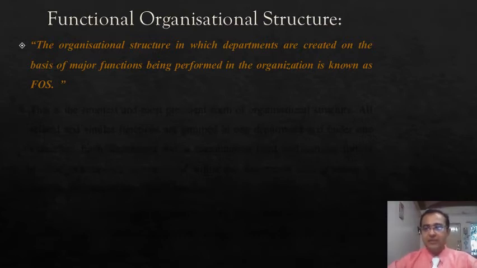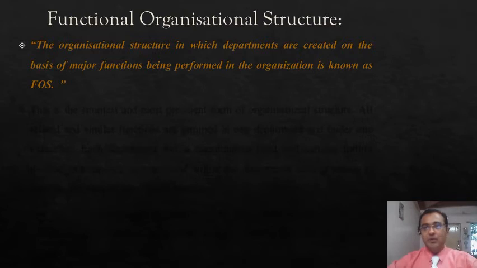Like if we take the example of industry, then the minimum functions which every industry performs are the purchase of raw material, production of the goods, selling of the product, and marketing the products. So these are considered functions.